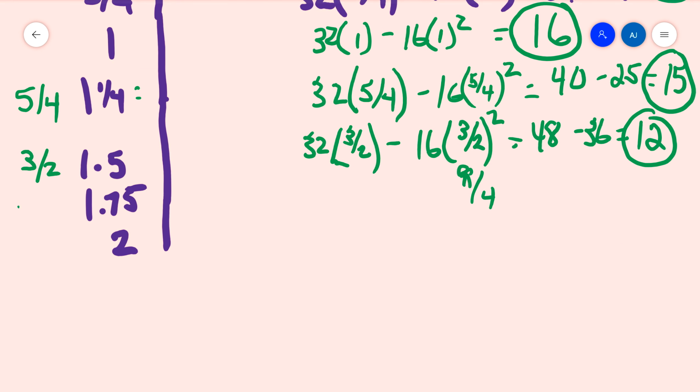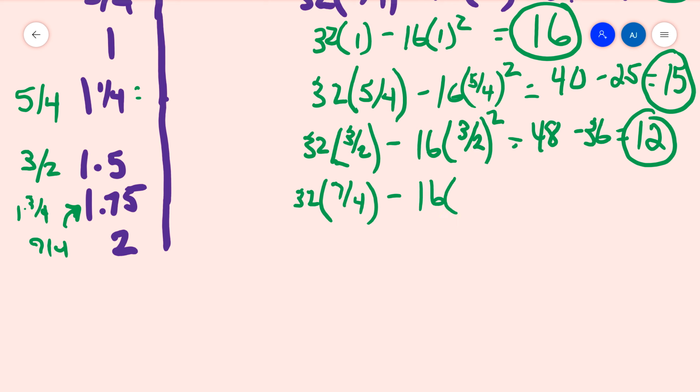1 and 3/4 changes to 7/4, and that's what I'm going to use for this one here. So I've got 32 times 7/4 minus 16 times 7/4 squared.